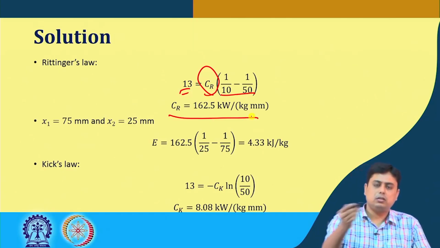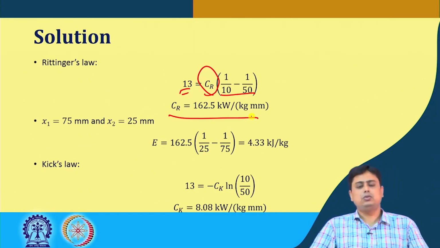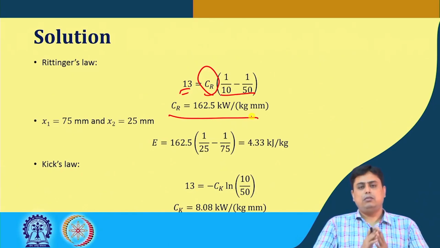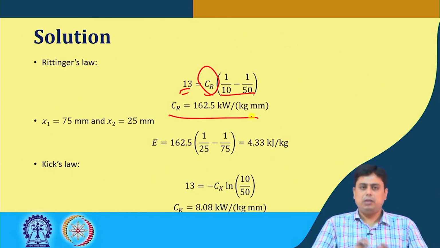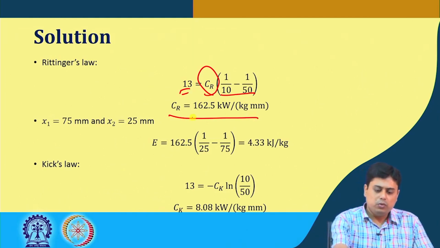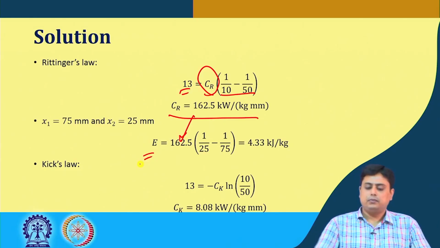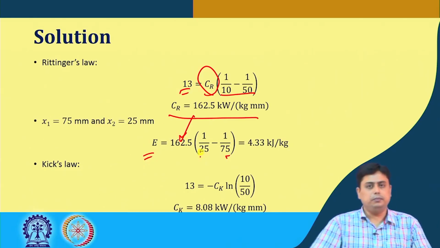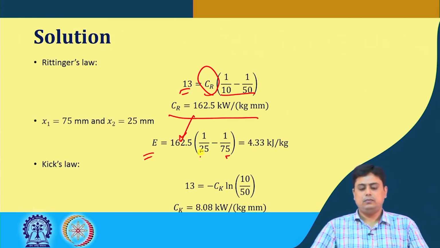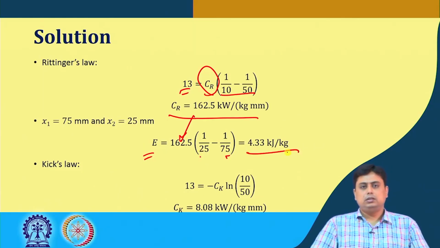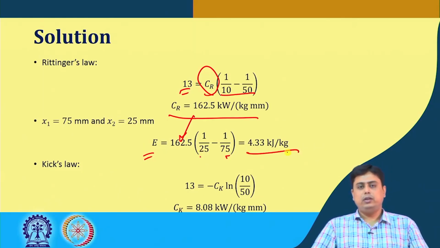The same equipment is being used for crushing material from 75 millimeter to 25 millimeter, so the Rittinger's constant would be the same because the material and the machine are the same. Using that constant, we can now calculate the energy requirement from 75 to 25. That provides us the value 4.33 kilojoule per kg of energy required.